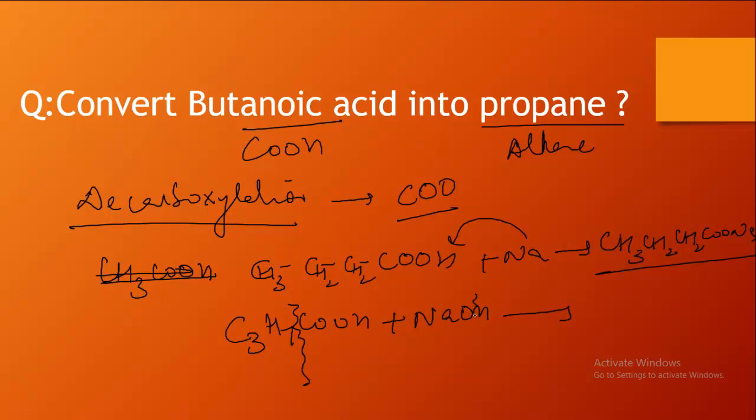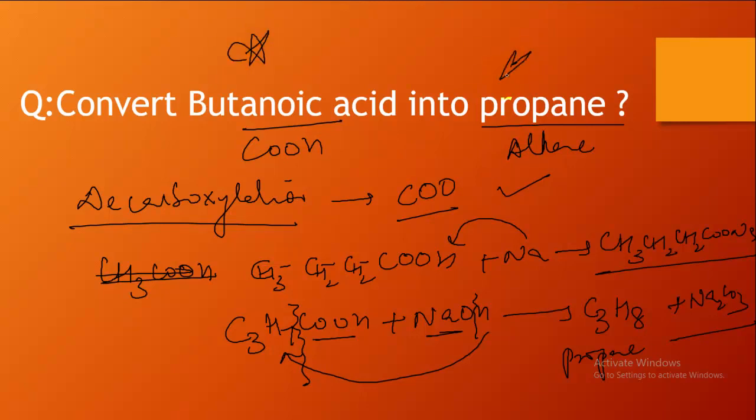This actually breaks in this form. This H attaches to this R group and forms an alkane. So it will be C3H8. That is propane. And always whenever decarboxylation occurs, the side product which is formed is sodium carbonate. So this is decarboxylation and a method to convert butanoic acid to propane.